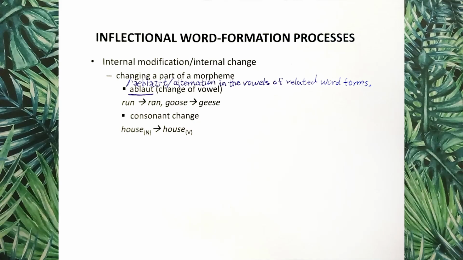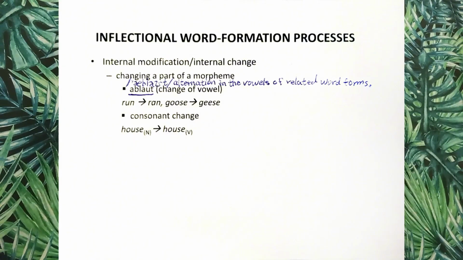Internal modification basically is a way of inflectional word formation process. It is a way of word change by changing a part of a morpheme. But there are two ways of doing so. The first way is change of vowel.